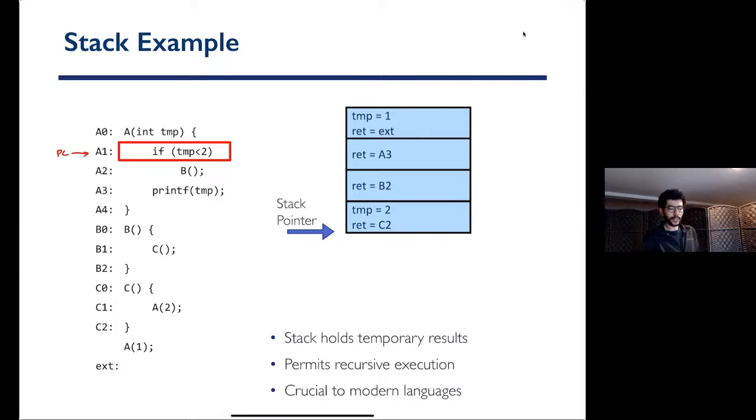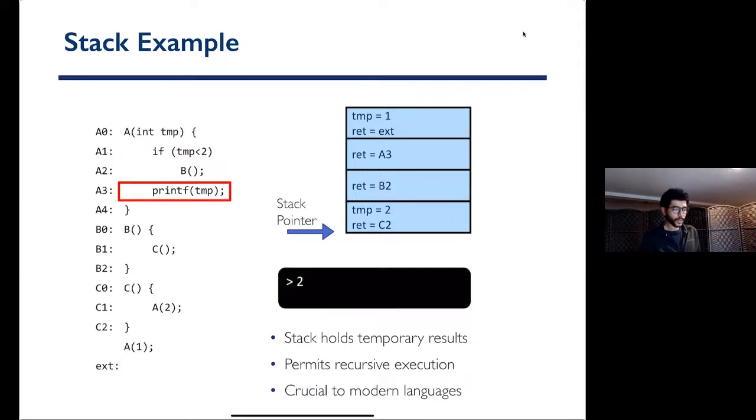Okay, now PC points to A1 this time. We look at temp. Temp is equal to 2, so it's not less than 2, and we're going to execute the print line. We print temp, which is basically the emulation of the terminal. So we printed 2. Now PC advances to A4, which is a return, since A4 is the end of A. Where do we return?